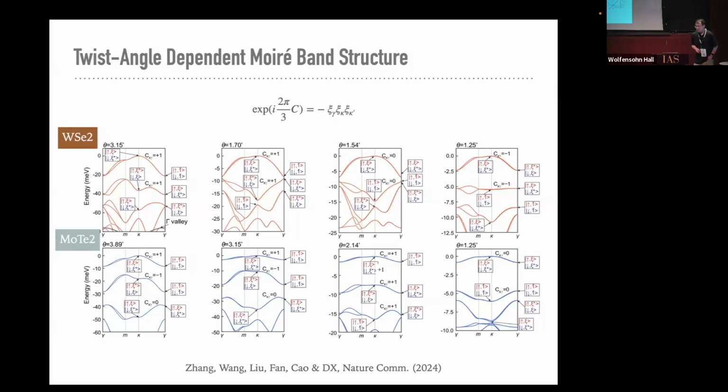Okay, but now let's also look at the MoTe2, right? Now at 3.89, that's where the initial discovery was made. You have Chern number 1 and a -1. Now you reduce the twist angle, so 1 -1, 1 -1, 1, 1, 1, and then we'll go to 1.25, the Chern number becomes 0 and 0. In fact, when we first wrote the paper, we assigned this 1, 1, -2, because remember that the Chern number is only defined modulo 3.